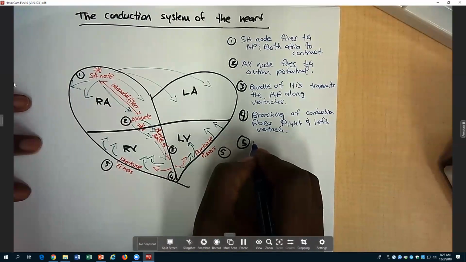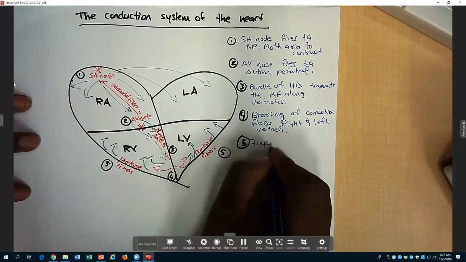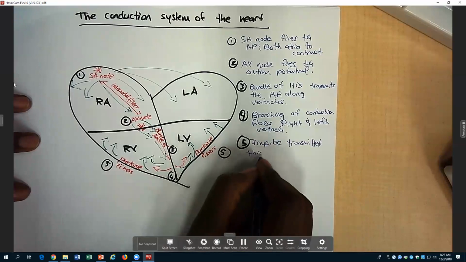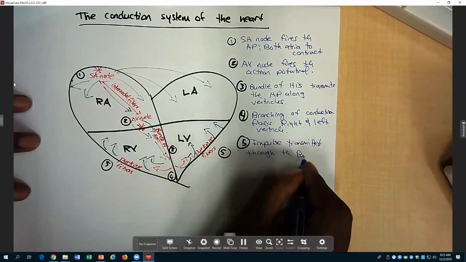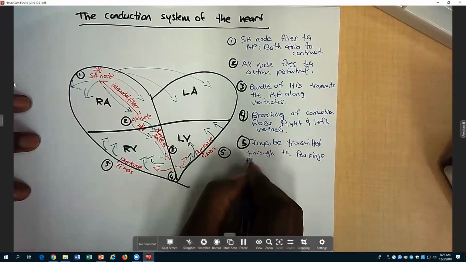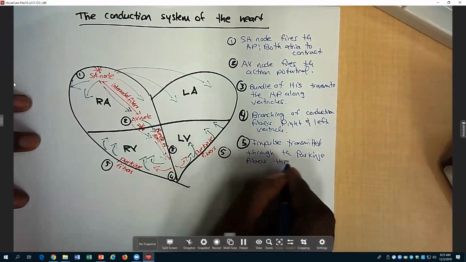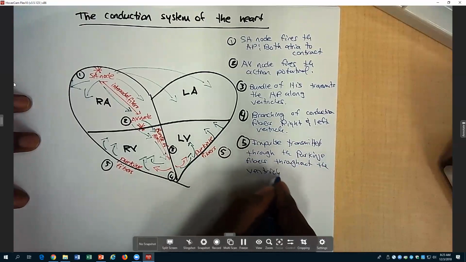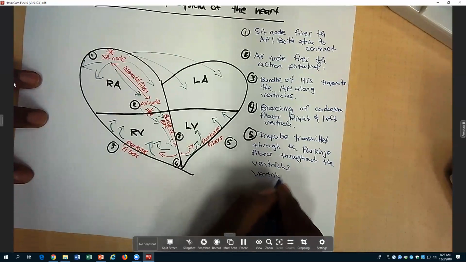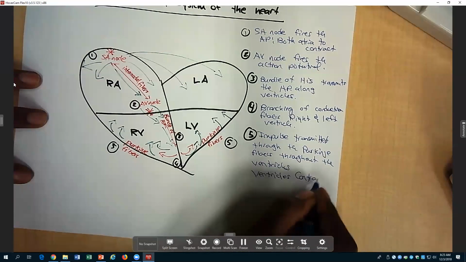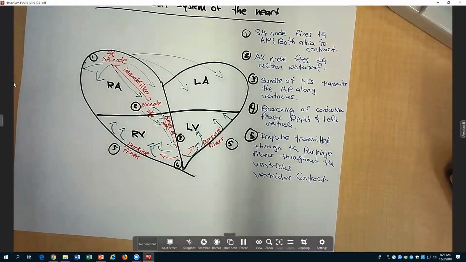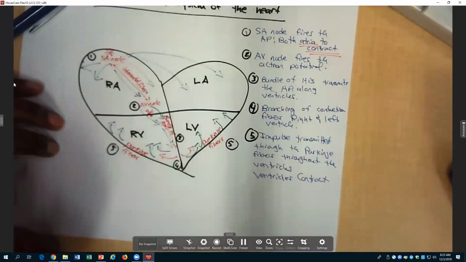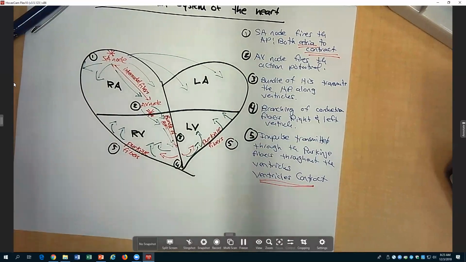Okay, so the impulse is transmitted through the Purkinje fibers, right, throughout the ventricles, and the ventricles will contract. Right? And this is very important in allowing the atria to contract first, followed by ventricular contraction.